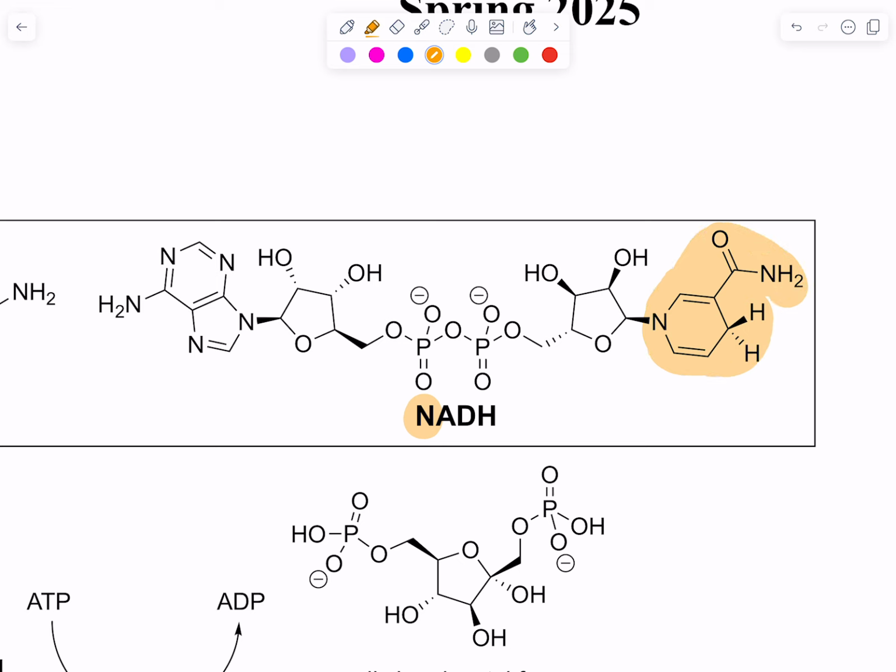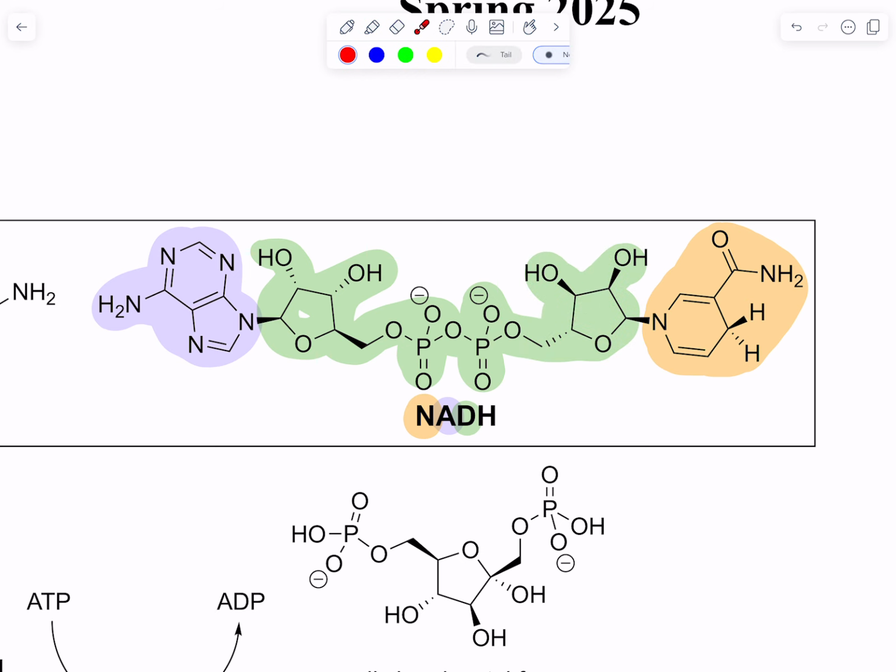Unfortunately, this is the business end of the molecule. A stands for adenine. That's this portion of the molecule. D stands for dinucleotide, and that's this central portion of the molecule. You have 2 ribose rings, and they're linked together by a pyrophosphate linkage.